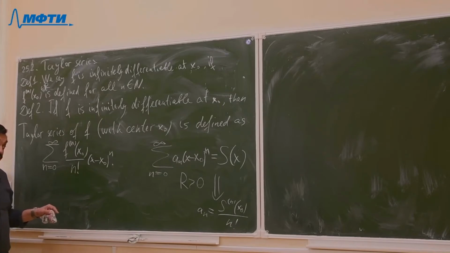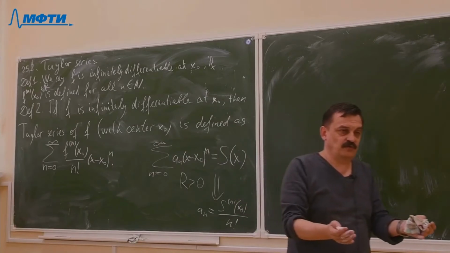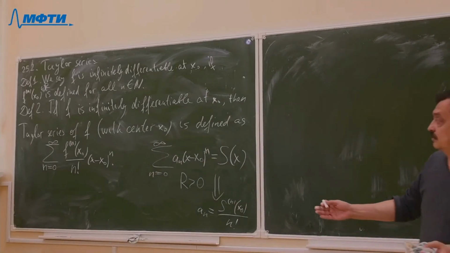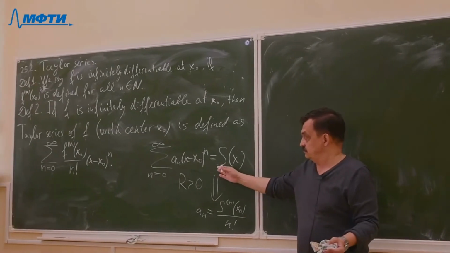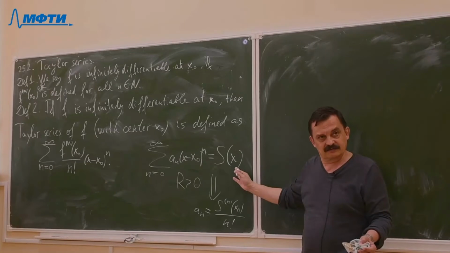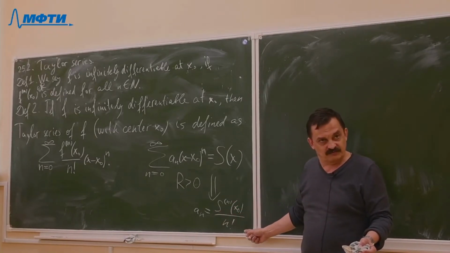So once again, given a power series with positive radius of convergence, we can denote the sum of this power series like that. Then automatically coefficients can be computed by that formula.